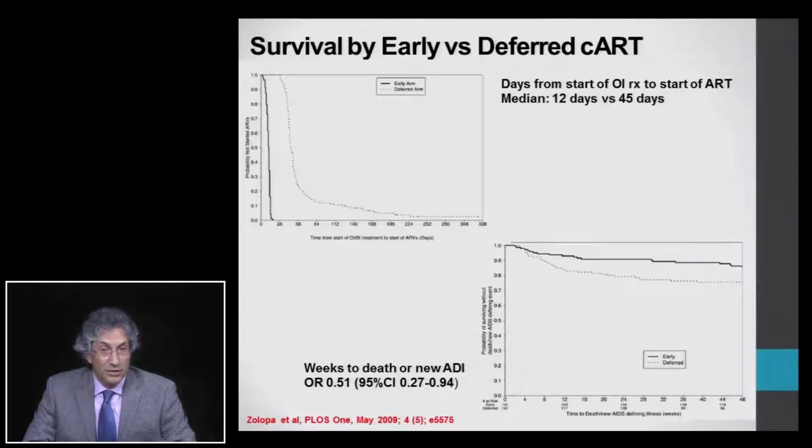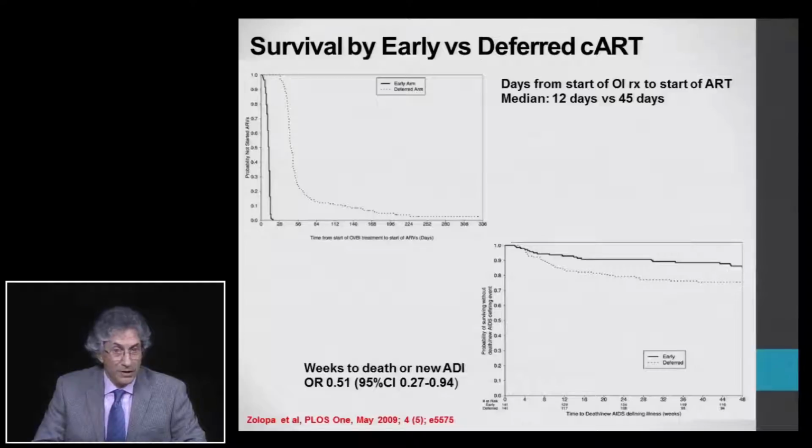The solid line shows the reduced mortality, the improved survival rate among people who started antiretroviral therapy early in the setting of an opportunistic infection, and the dotted line shows the doubling of mortality among people who had even a month or two postponed antiretroviral therapy in the setting of opportunistic infection. So we really try to start therapy very quickly in this setting, but still it's challenging to make sure there's a way for paying for medicines, making sure the person will be adherent. So it's our goal to do this, but it has challenges.